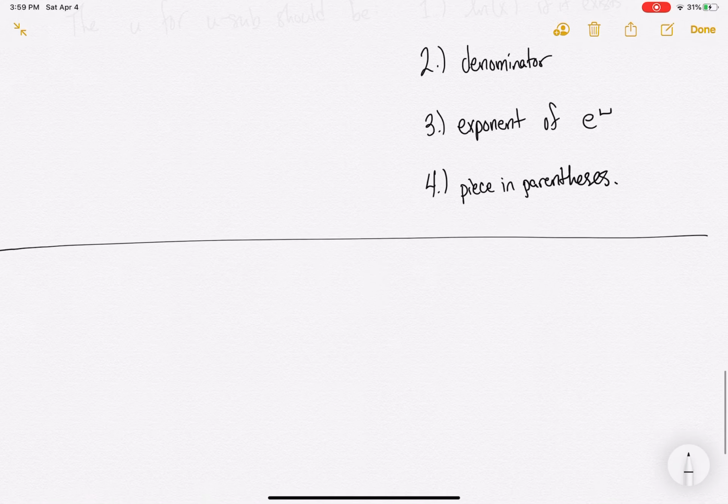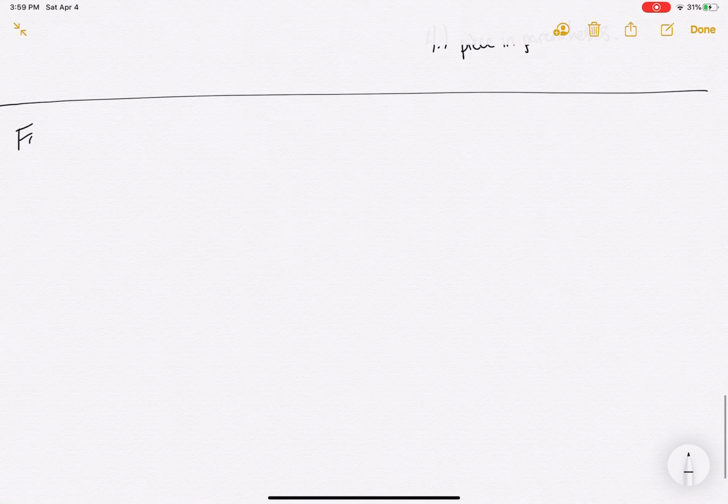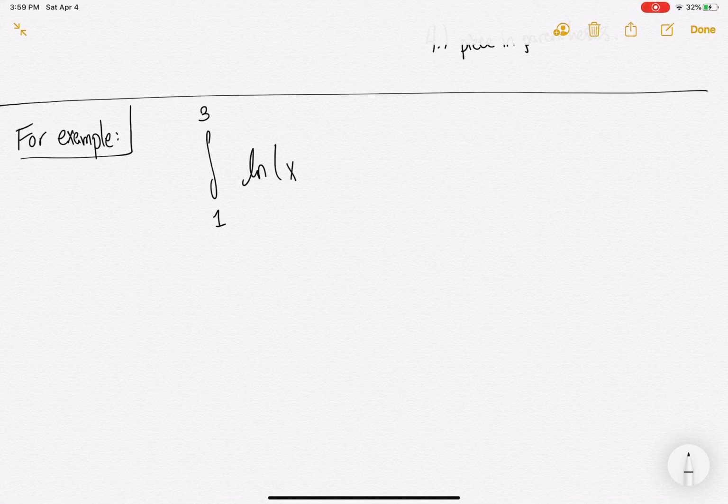So, for example, let's do the integral from 1 to 3 of the natural log of x plus 3 divided by 5x plus 15 dx.